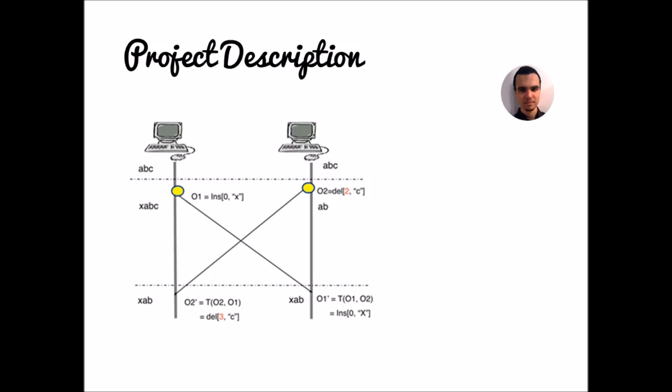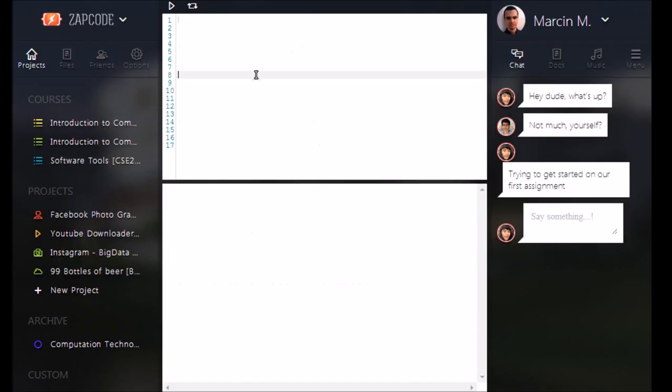What needs to happen instead is that the first collaborator performs a transformed version of the delete operation, which deletes the correct character at index 3. The second collaborator doesn't need any transformations in this case, because after deleting the character at index 2, then prepending X leads to both documents being consistent.